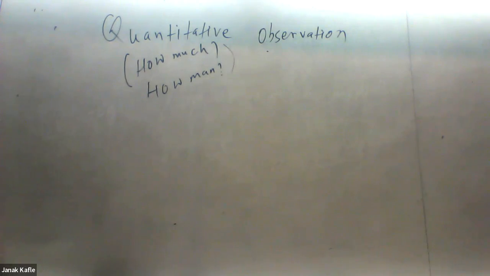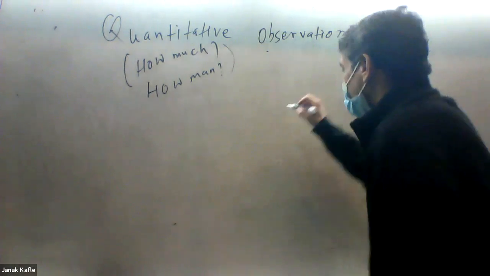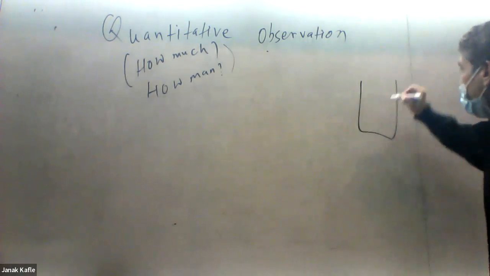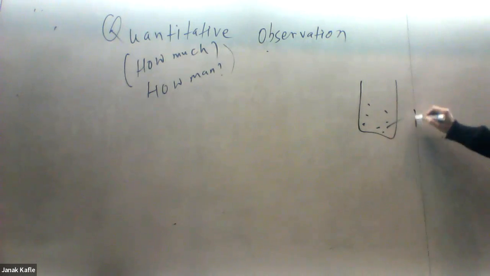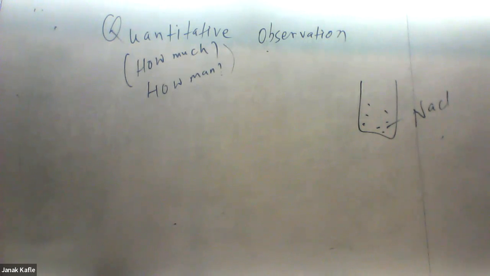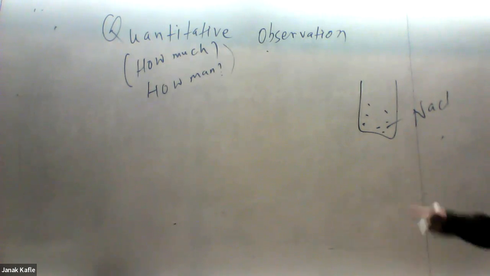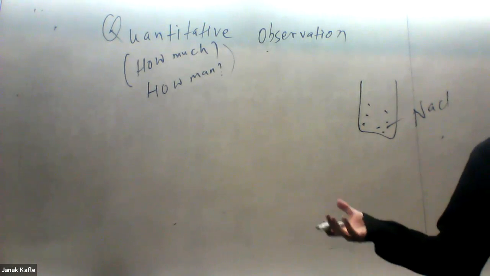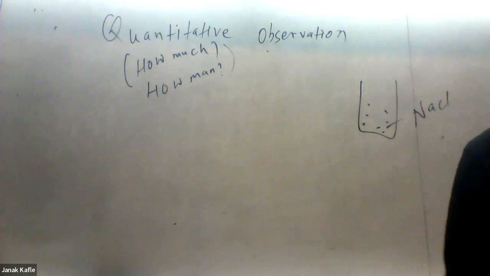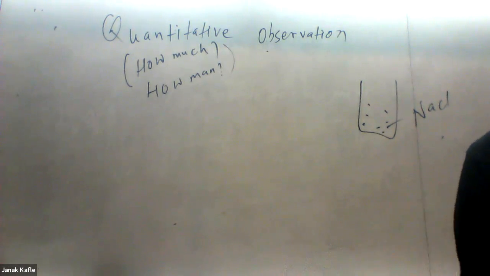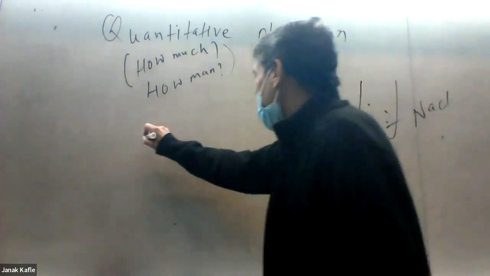Make sense? So, for example, let's say you have some salt here, sodium chloride. Sodium chloride is a very simple salt that we eat every day in our kitchen, right? Now your job is to measure, let's say, 2.0 gram of sodium chloride in the laboratory and do the experiment. First of all, you go to the balance.